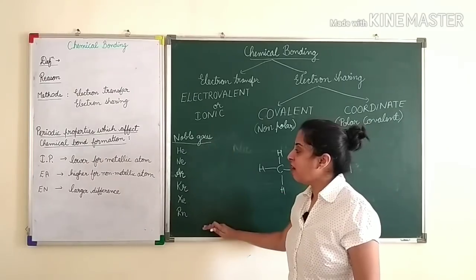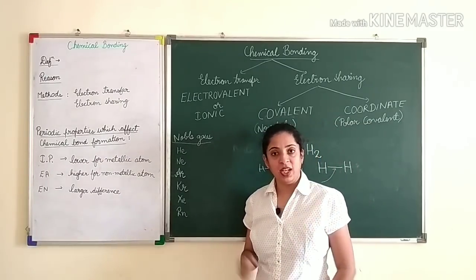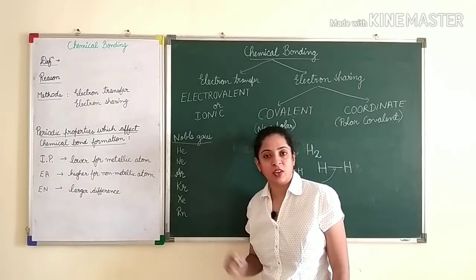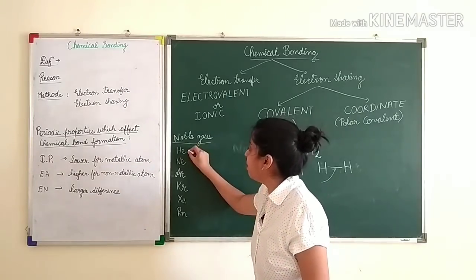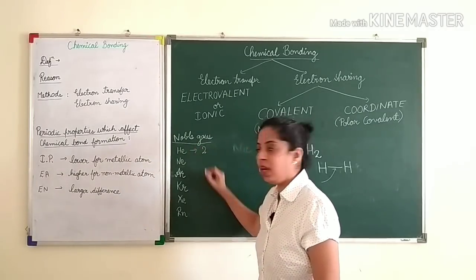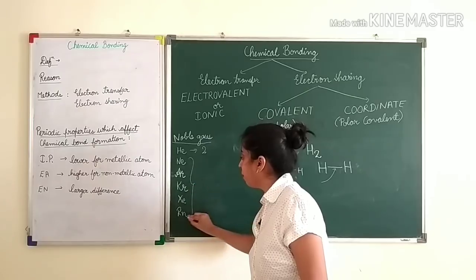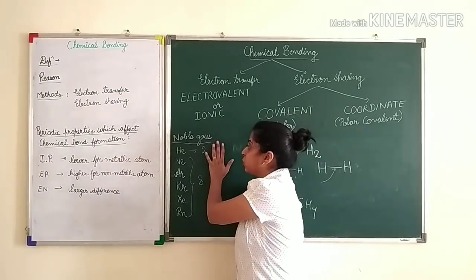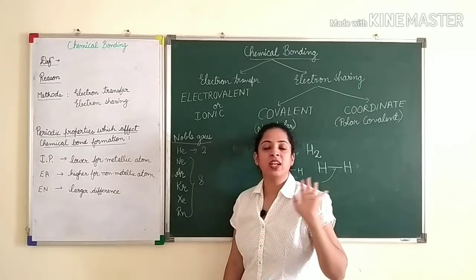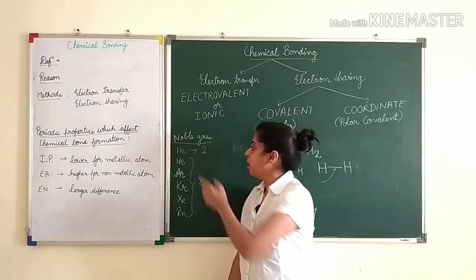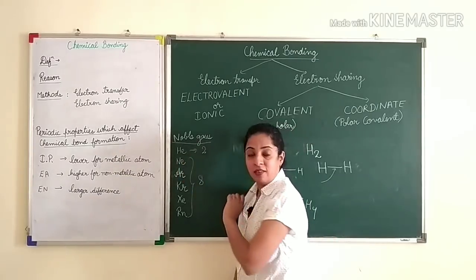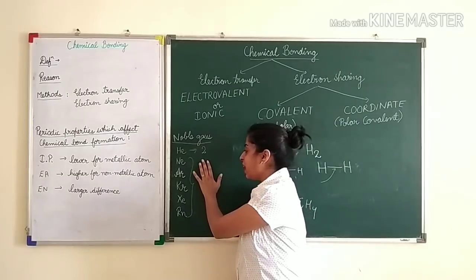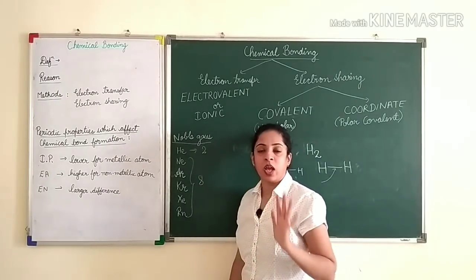So these have a very characteristic property that they have stable electronic configuration. Helium has only 2 electrons in the outermost shell. Rest all of them have 8 electrons in the outermost shell. And these noble gases do not react with any other element, or even with itself. Why? Because they have a stable electronic configuration.